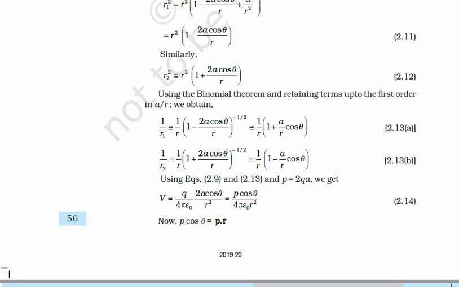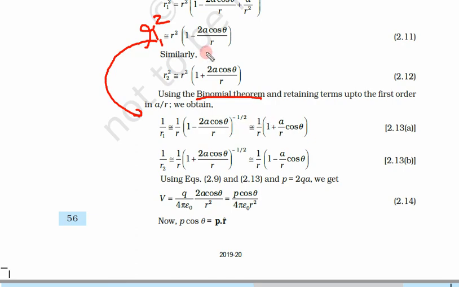Now again the binomial theorem. Last year we learnt about this binomial theorem. So using the binomial theorem and retaining only first order terms, we get 1 by r1 is equal to 1 by r times 1 minus 2a cos theta upon r to the power minus 1 by 2.